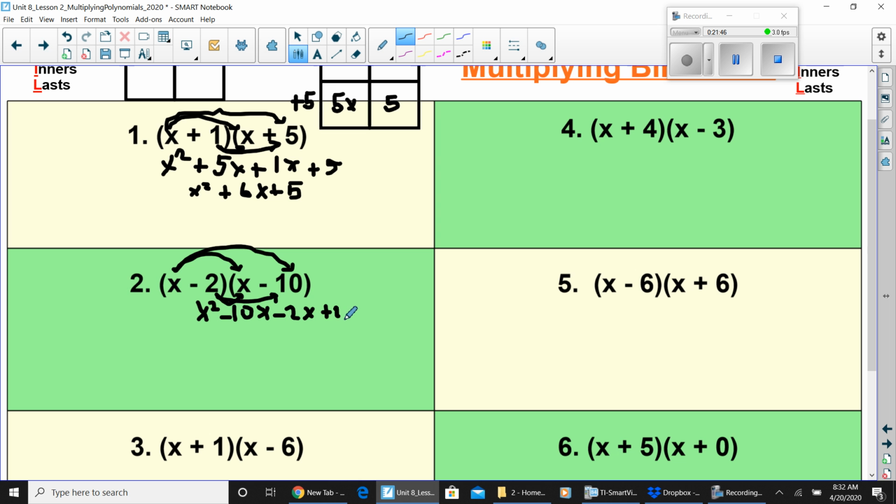When you do it this way, it always turns out where the like terms are in the middle. You have x squared minus 12x, because negative 10, now get your calculator if you need it, negative 10 minus 2 is negative 12, and this is plus 20. And that's how you would do that.